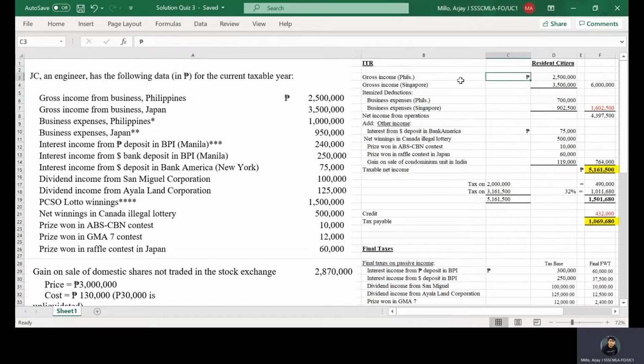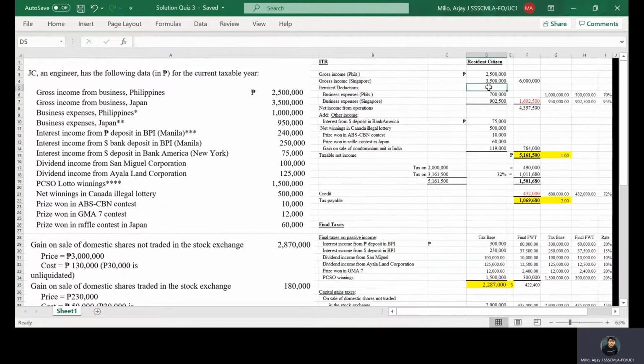Okay, let's start. Since JC is a resident citizen, we need to account for all of his income, within and without. Let's start with the gross income from the Philippines and Japan. That's 2.5 million and 3.5 million, a total of 6 million.